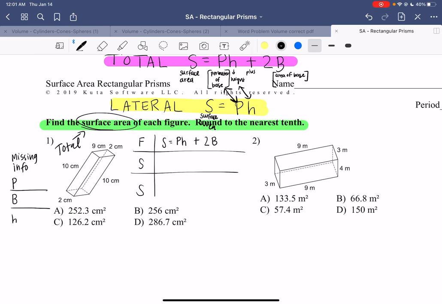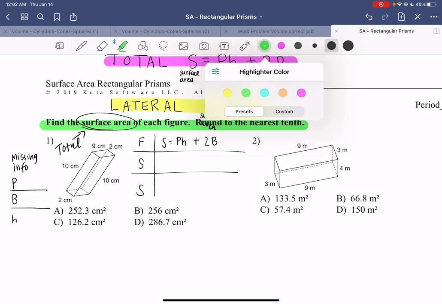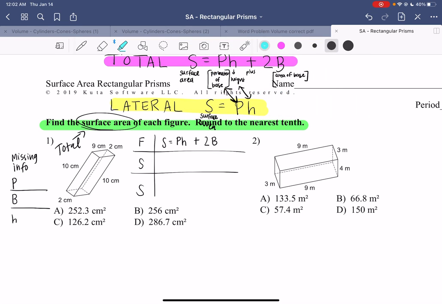So if we need to find the perimeter of the base, because P is the perimeter of the base, we need to choose a base. So I'm going to use this bottom base that I'm highlighting in blue. So if that's my bottom base there, I'm going to redraw it.